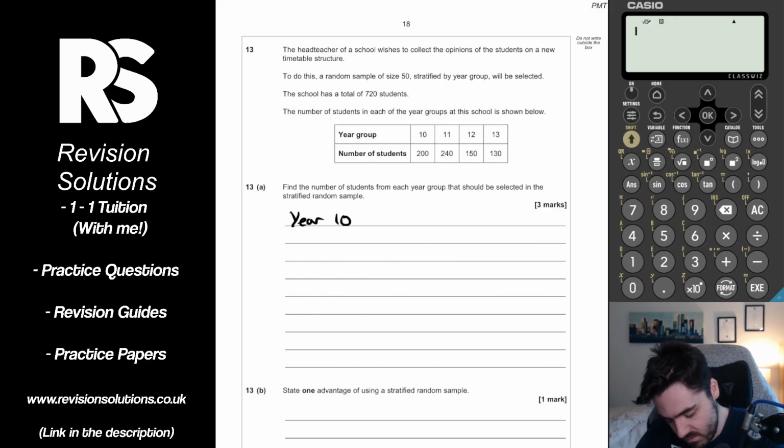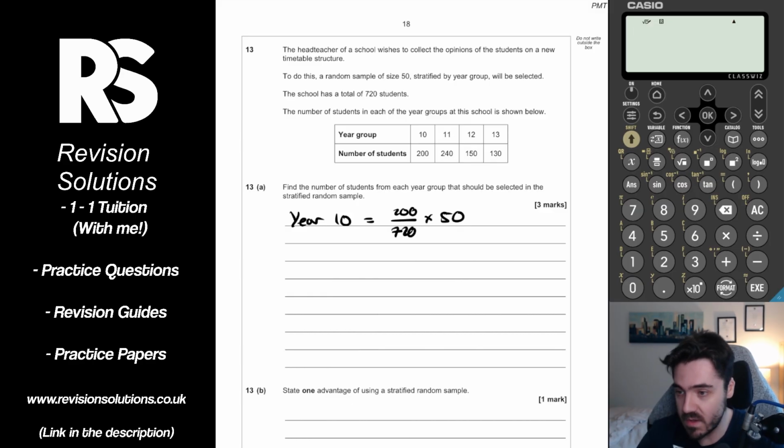for year 10, the proportion is 200 of the 720, and I want that proportion of 50 to get the number of students in our sample of year 10s. So doing that in the calculator, that's 200 over 720 times 50.